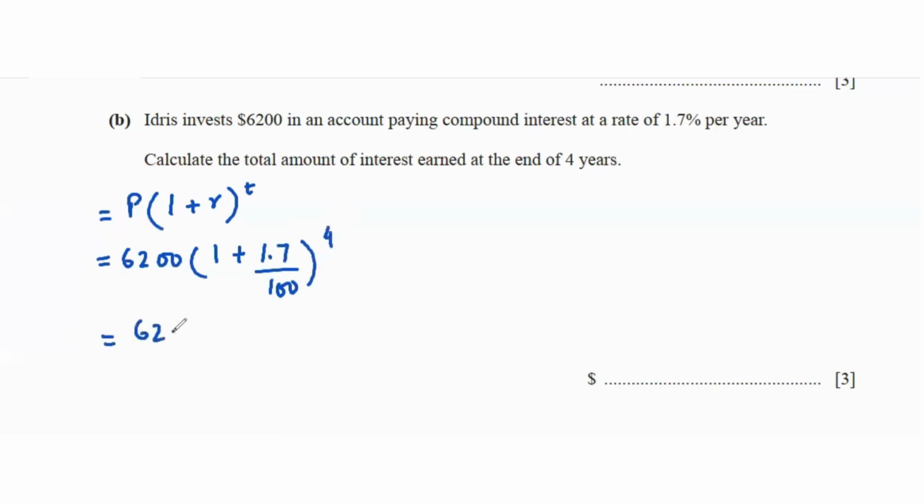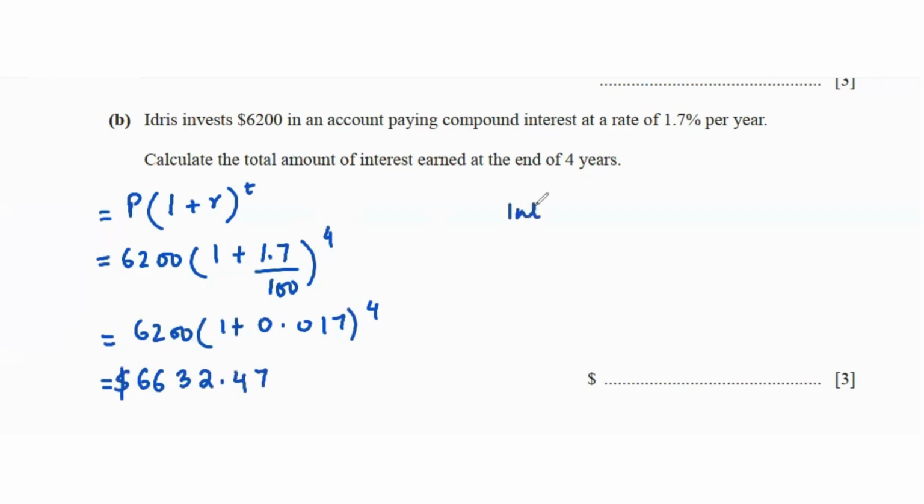So that's 6,200 times 1 plus 0.017 to the power of 4. And when we solve that, we get 6,632.47.